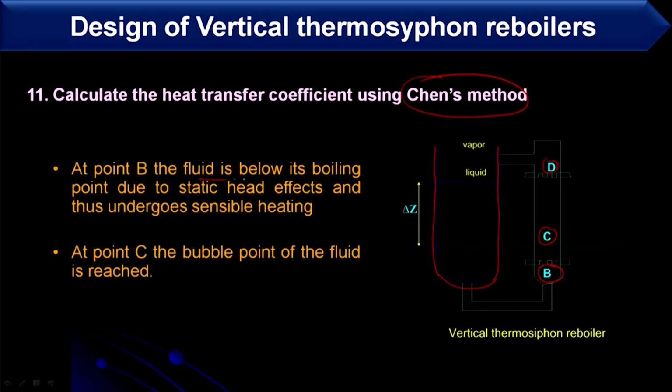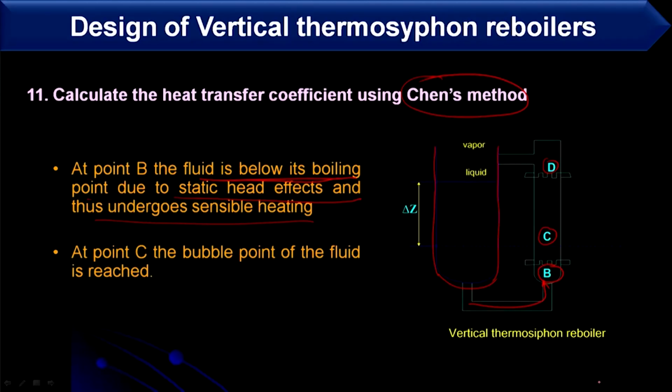At point B, the fluid is below its boiling point due to static head effects and thus undergoes sensible heating. Usually the fluid enters the reboiler at boiling point, but because of some losses it may reach below boiling point. So, first of all sensible heat should be supplied, and for that we should consider convective heat transfer.